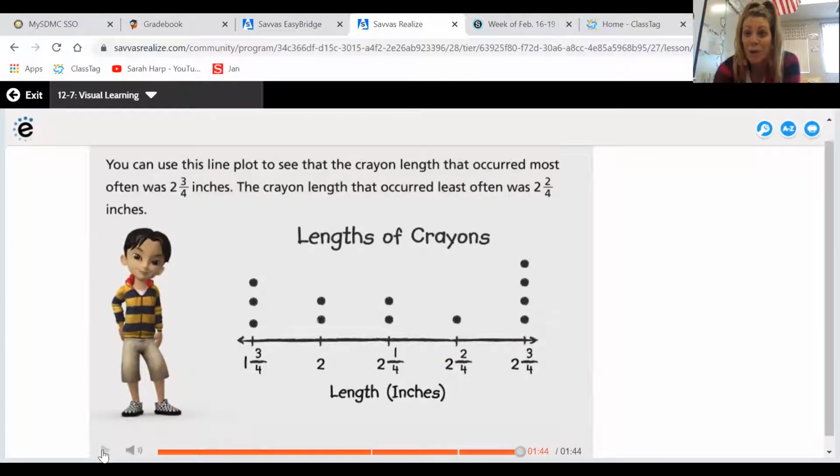All right, so that's kind of what we talked about yesterday, that the line plot that has the longest number of dots, the tallest tower, is going to be the one that occurred the most, right? And the one that has the least amount of dots, or the smallest little tower, is the one that occurred the least amount, right? But remember, I said that sometimes they're going to trick you and they might say, what was the longest length of crayon?